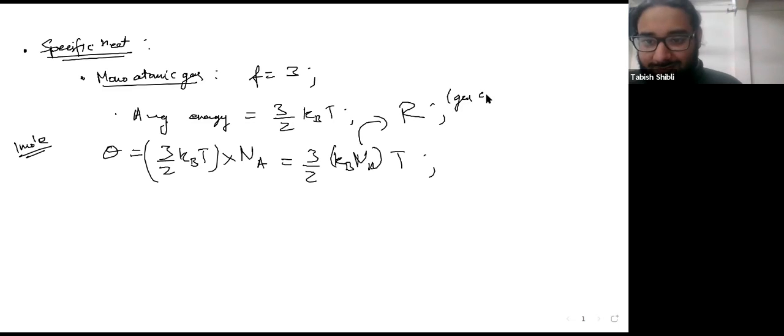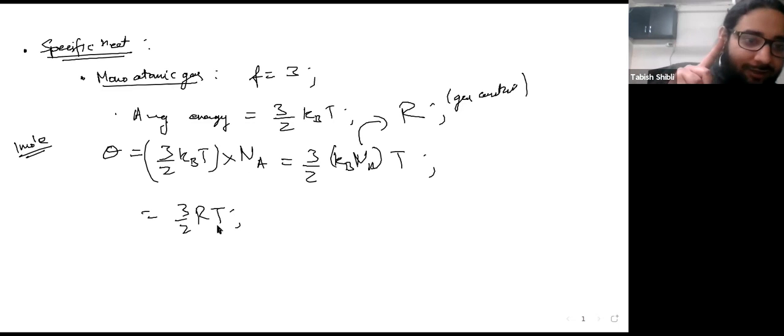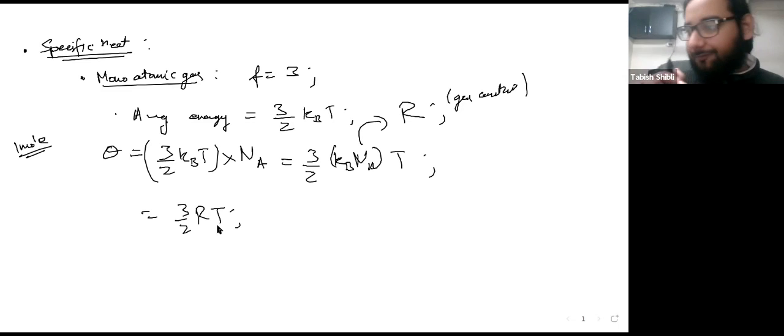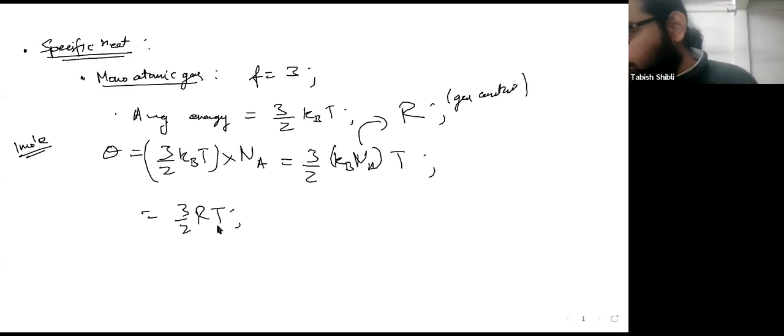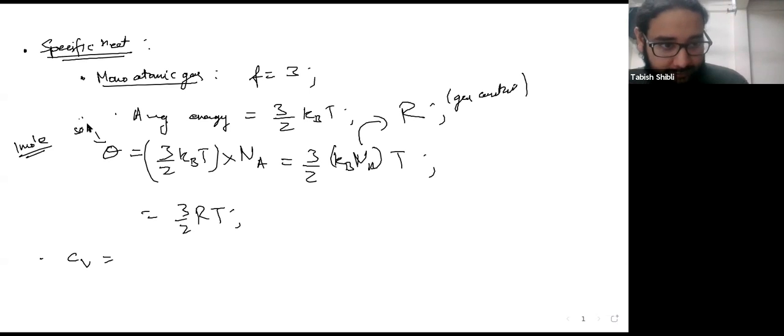Yes, sir. So this is nothing but 3 by 2 RT. So 1 mole of a monatomic gas will have total internal energy, the energy that can be stored, of 3 by 2 RT. So what is CV? This is the storage, right?